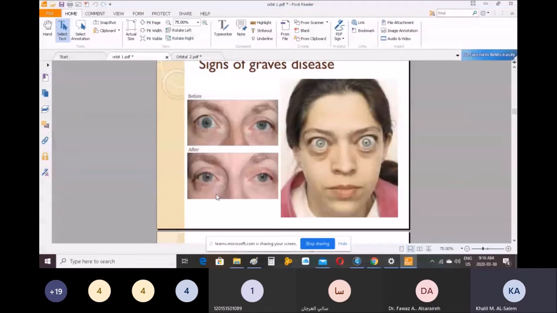If the patient looks down and the eyelid stays up, this is called eyelid lag, which is momentary, usually for a couple of seconds. It's very noticeable, and then the eyelid should follow. Usually this is due to overstimulation of the sympathetic innervation of Mueller's muscle, which gives this lag.